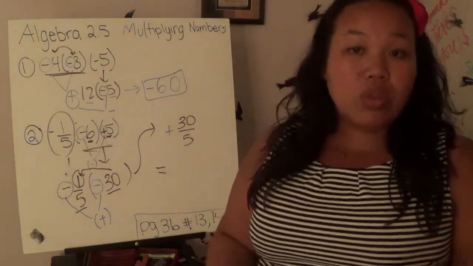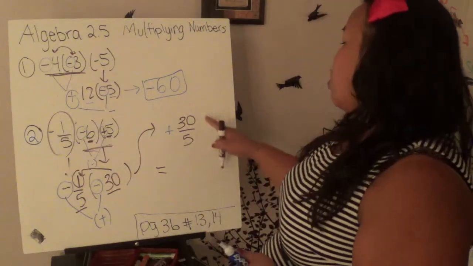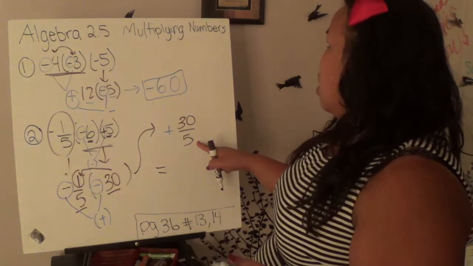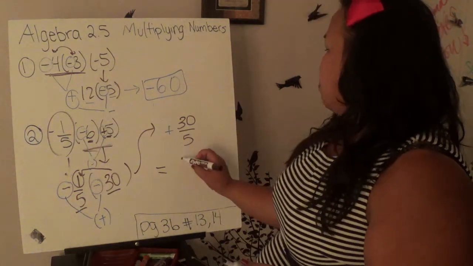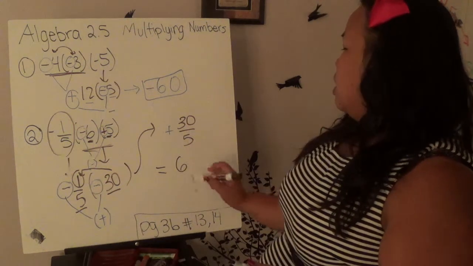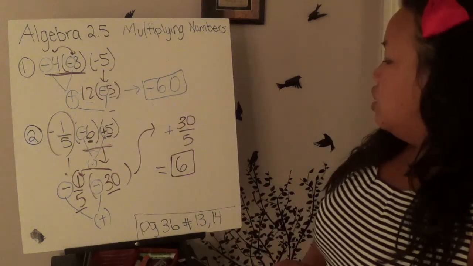If it's a whole number, then I can go ahead and put it as a whole number instead of leaving it in fraction form. So 30 divided by 5 should be 6. So this would be positive 6, so I don't have to have the plus sign there, and that's my answer.